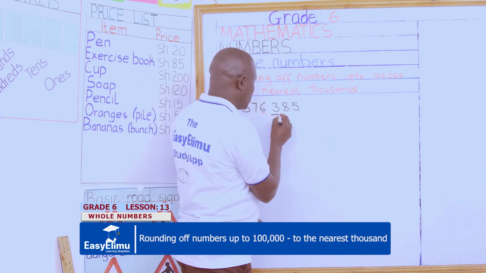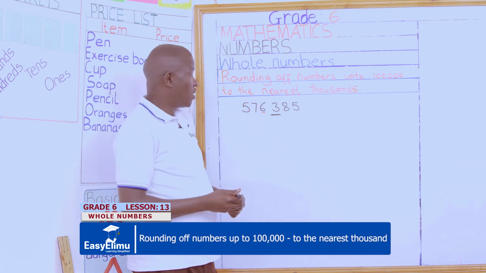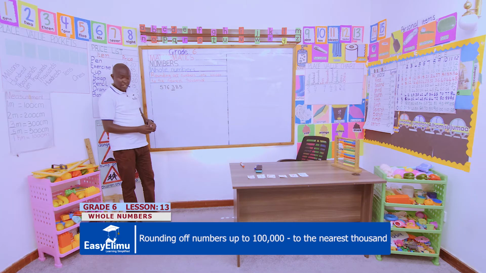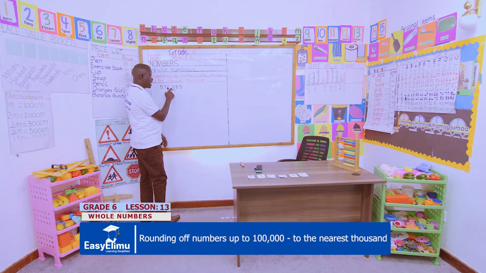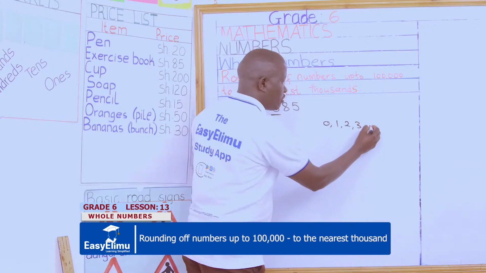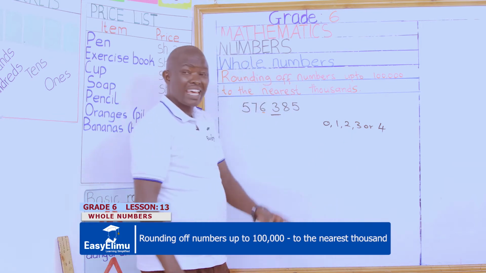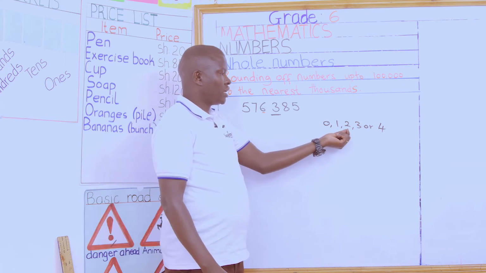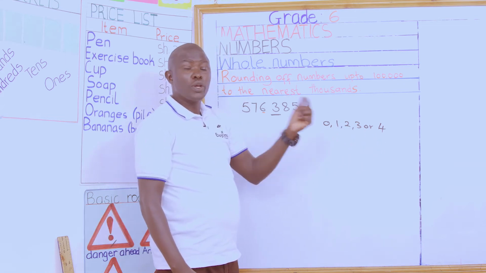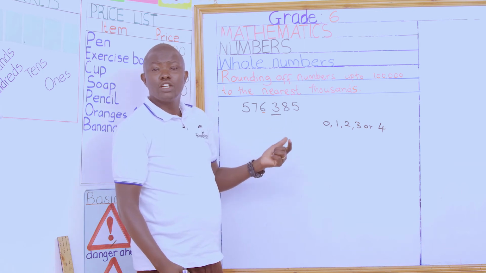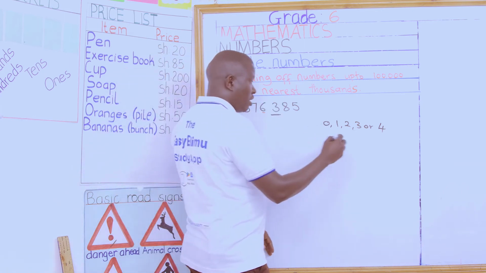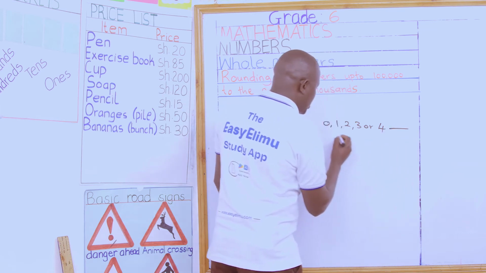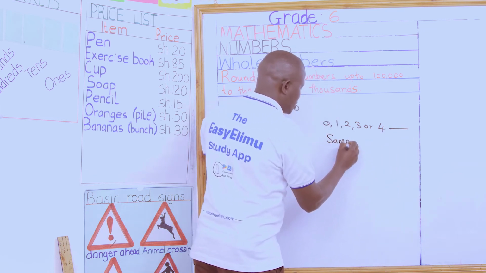If the digit in the hundreds place value is either 0, 1, 2, 3, or 4, we round the number to the same thousand.